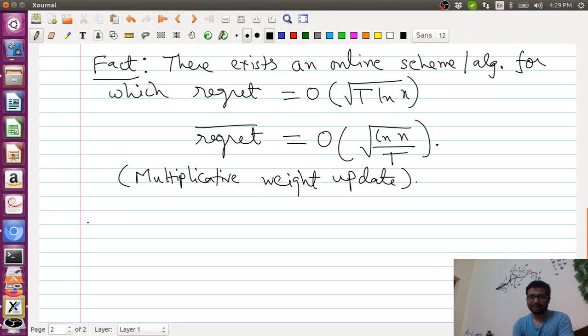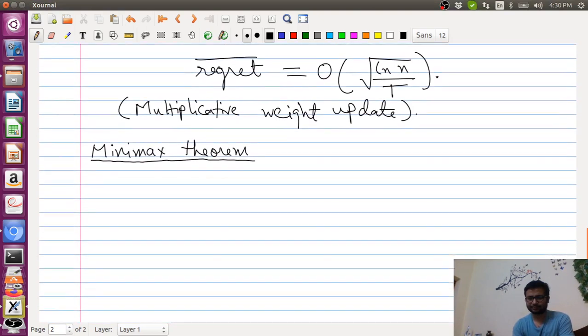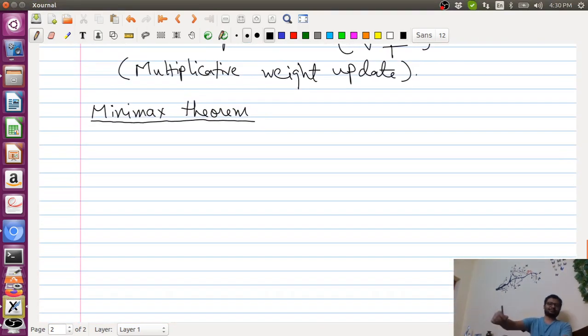Okay, so let me now briefly talk about the Minimax theorem. Let's say there are two players A and B. So let me call them R and C instead, for a reason that will soon be clear.